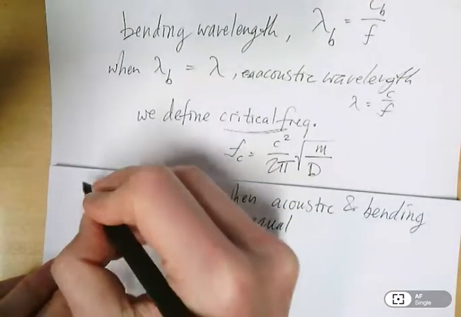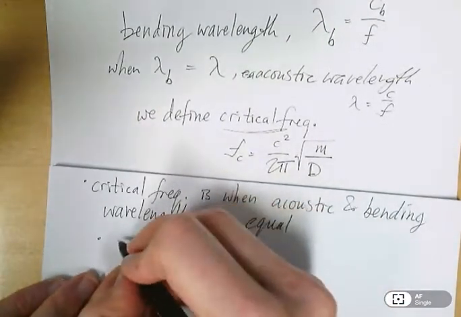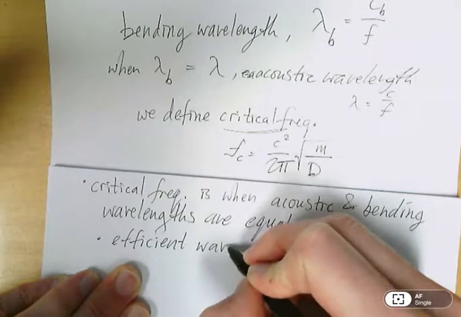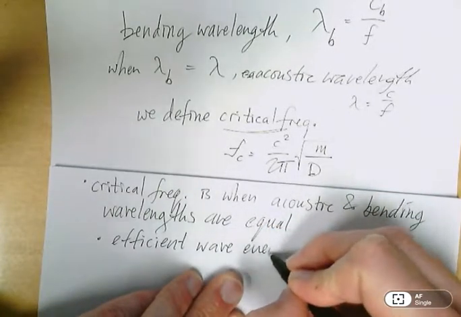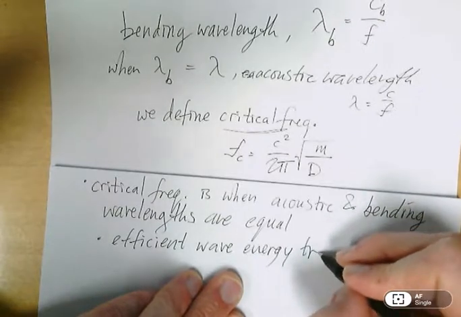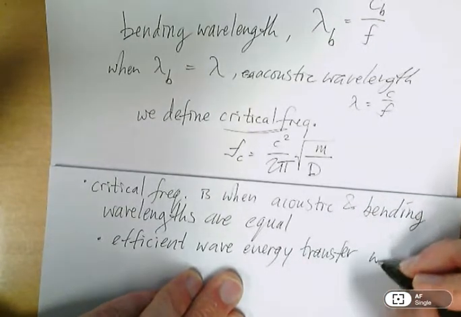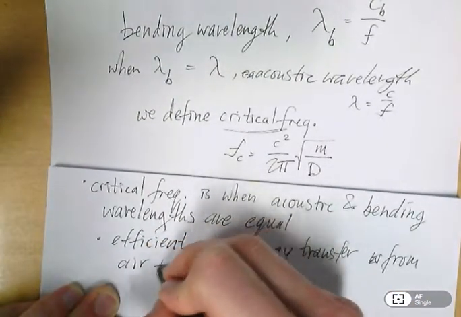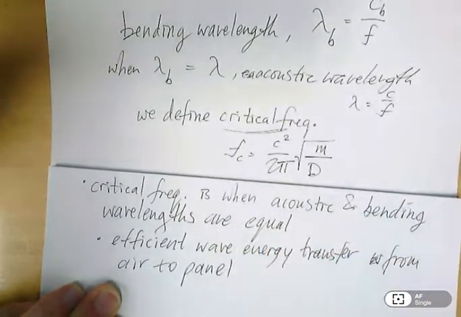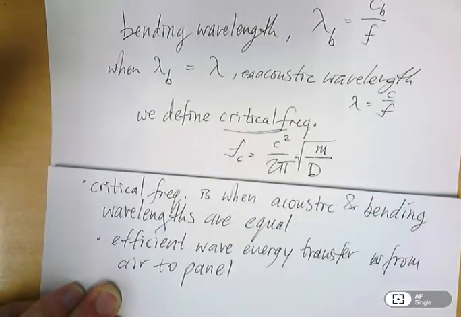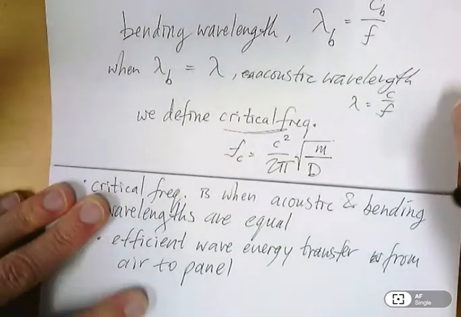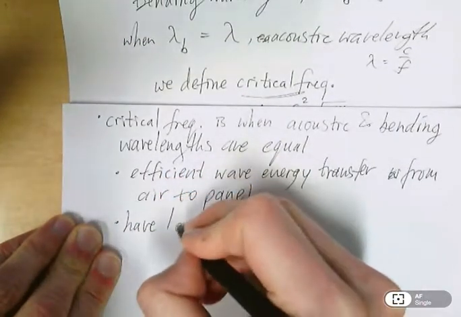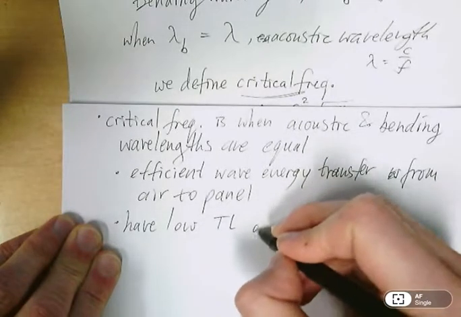So this results in efficient wave energy transfer from the air to the panel. And since we very often presume that the panel has air on the other side or opposite side, this means that we have low transmission loss around F sub C.